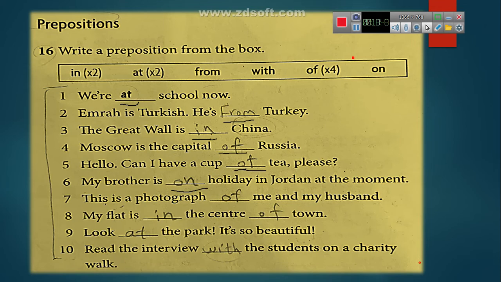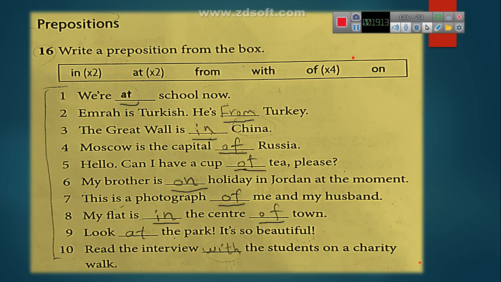Yes, this is a photograph of me and my husband. Here "of" expresses the possessive. Yes, my flat in the center of town. Here it expresses the preposition of place, and then to express the preposition, part of a group.